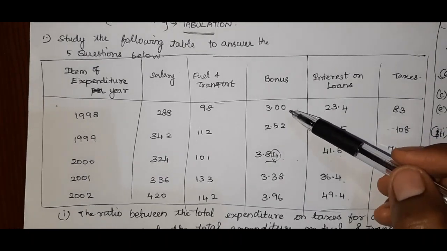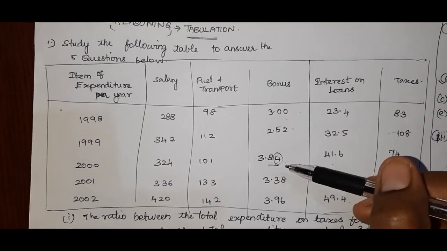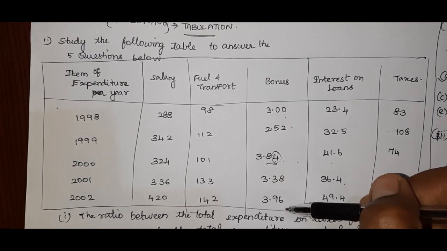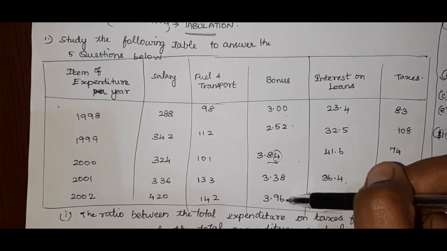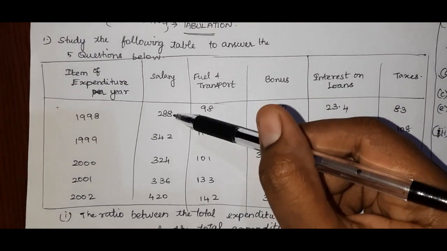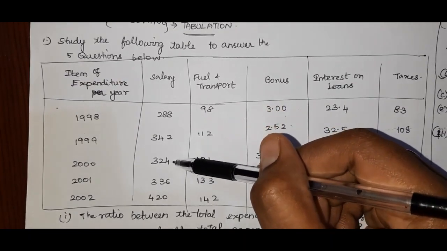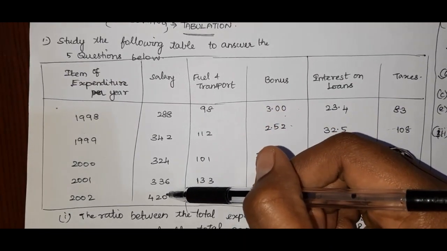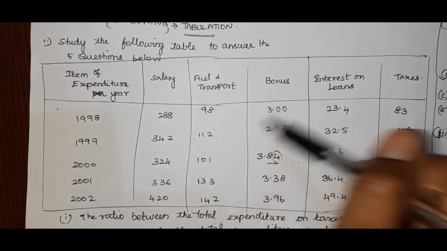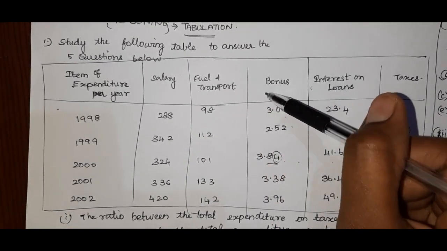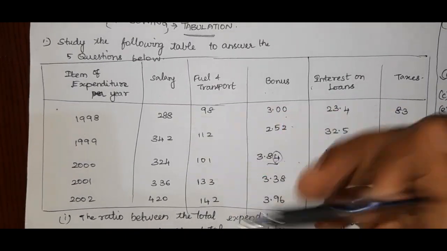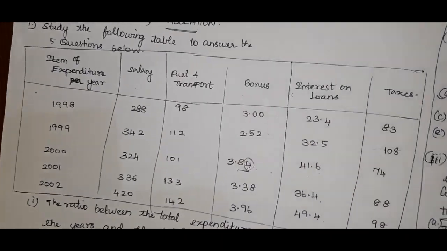Like 3.00 plus 2.52 plus 3.84 plus 3.38 plus 3.96, and the salary is 288 plus 342 plus 324 plus 336 plus 420. Like this, we have to divide the bonus by salary into 1 by 100. This is what we have to find.